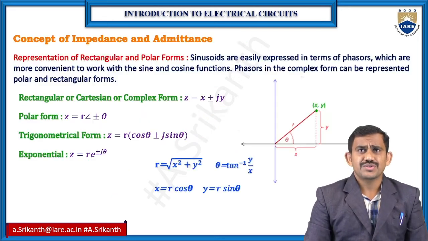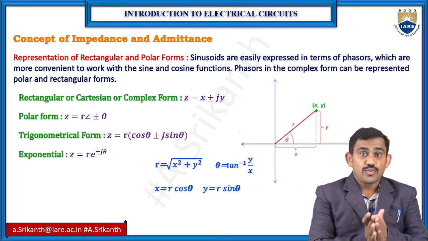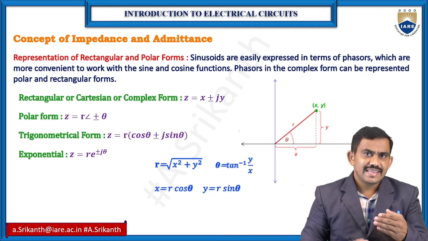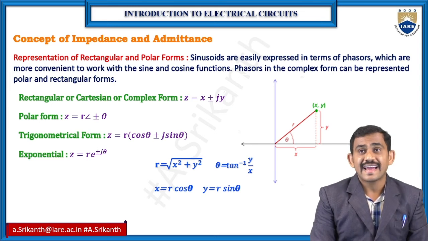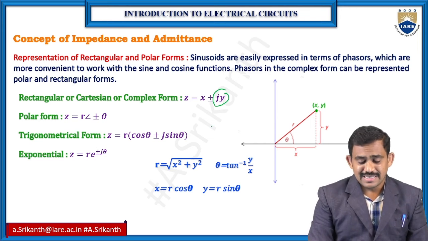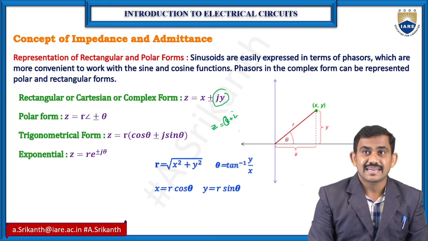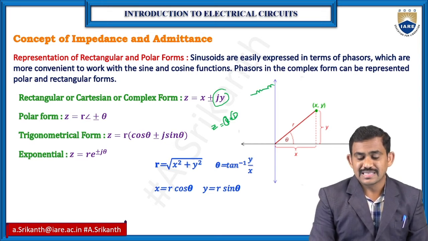Okay. Now coming to one more concept, that is rectangular to polar and polar to rectangular. For an AC circuit we have a real value and an imaginary value. For impedance, the Z value, we have R as well as L, a resistor and an inductor. For an AC circuit, we have the resistive value and the inductor value.